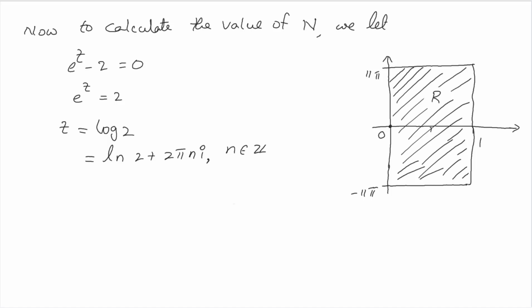Since the exponential function is periodic with period 2 pi i, the solutions of this equation are ln2 plus 2 pi n i. For any solution of this equation, when you add 2 pi n i, that is also a solution, since exponential is a periodic function.